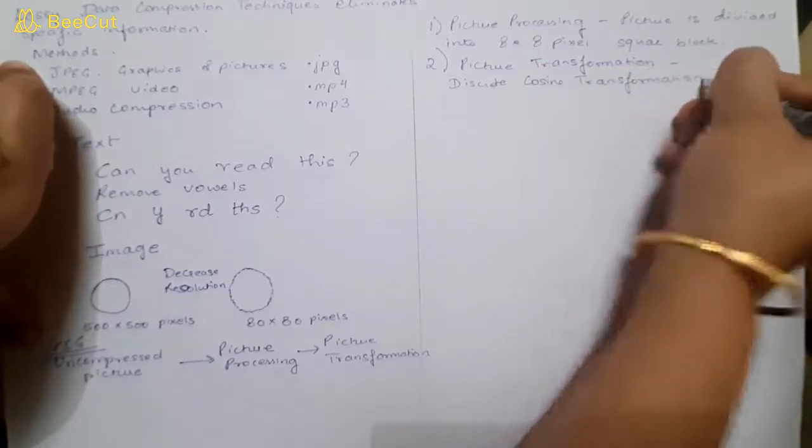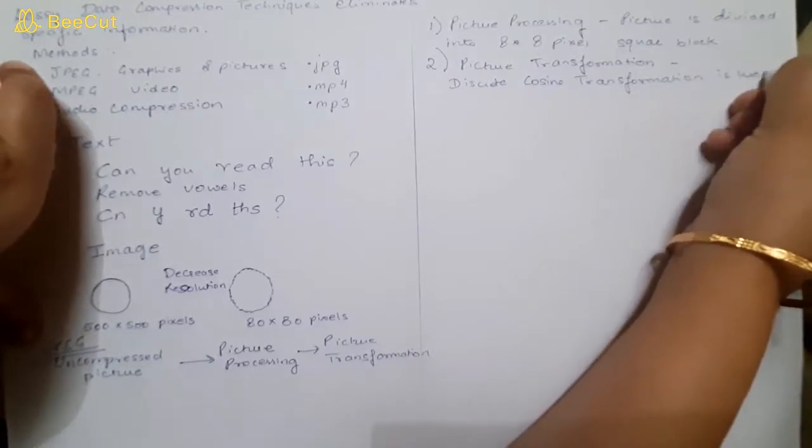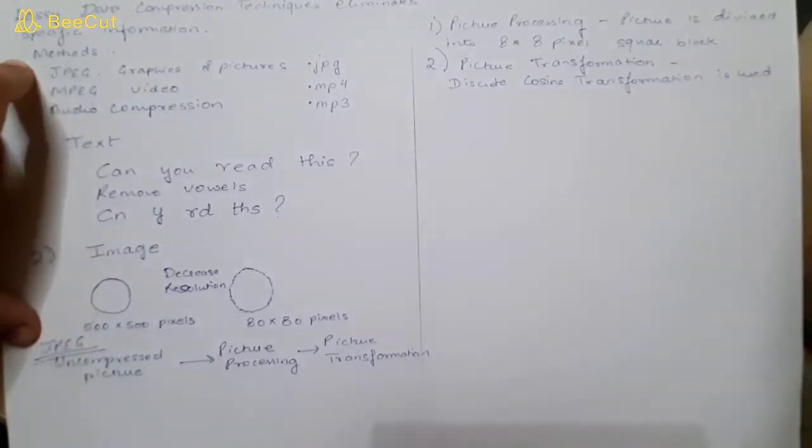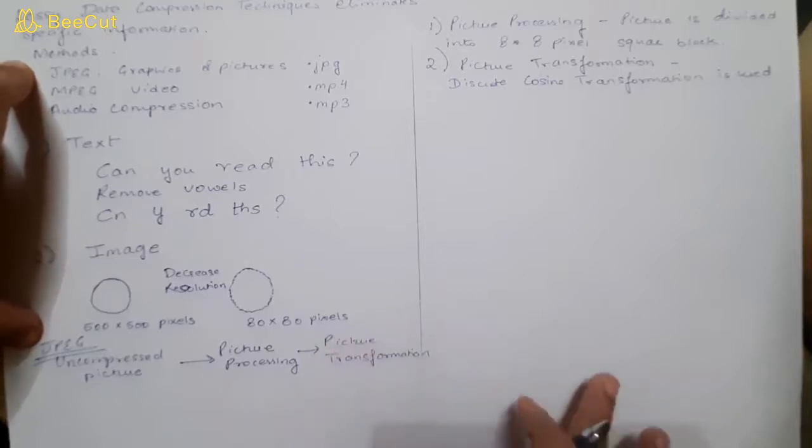In the first step we already divided the picture into blocks. Now each block will be represented by some numeric value in picture transformation.